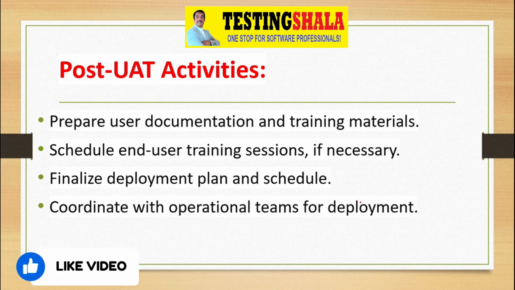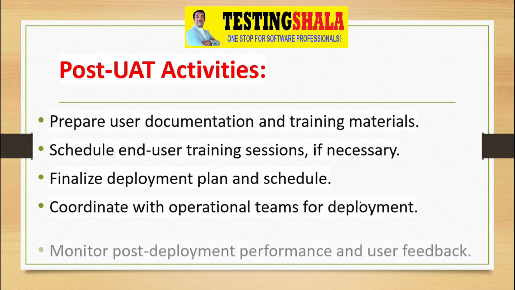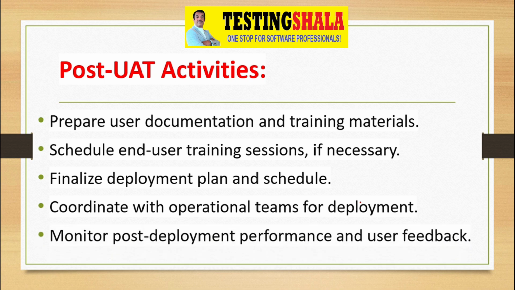We'll have to see any challenges in the configuration or installation or deployment that we need to take care of as post-UAT activities. And monitoring the post-deployment performance and user feedback is also another key aspect we have to perform as part of the UAT checklist.